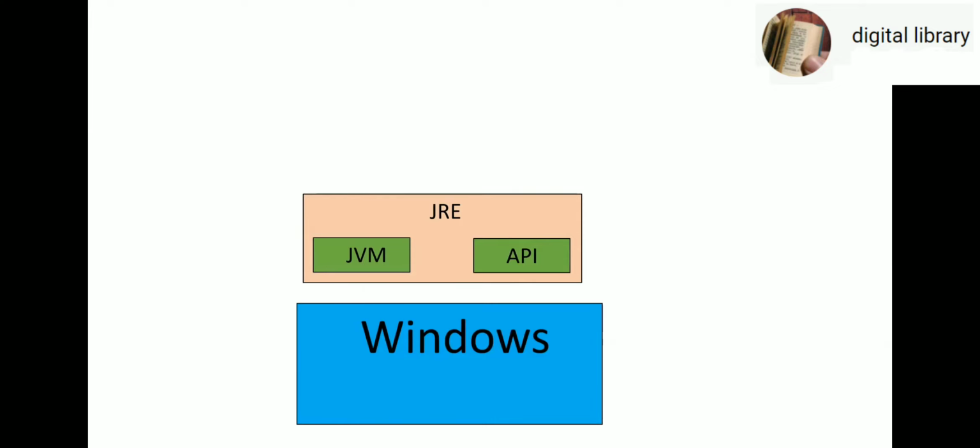So we have JRE. Now we have myclass.java. Every programming language has some rule. When you write source code, suppose you write source code in C programming, you must save the file with, say, a sample.c extension.